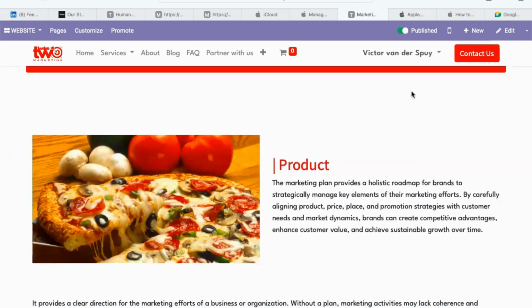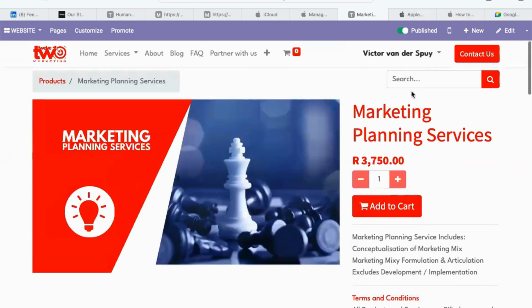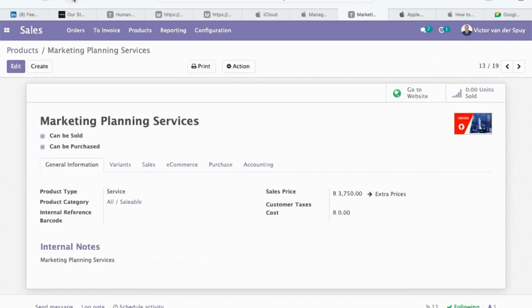So again, our team's able to rally around the strategy, interpret the strategy, add value to the strategy, and then execute it as a marketing plan. So this is another one of the products that form part of the supporting services line of products.